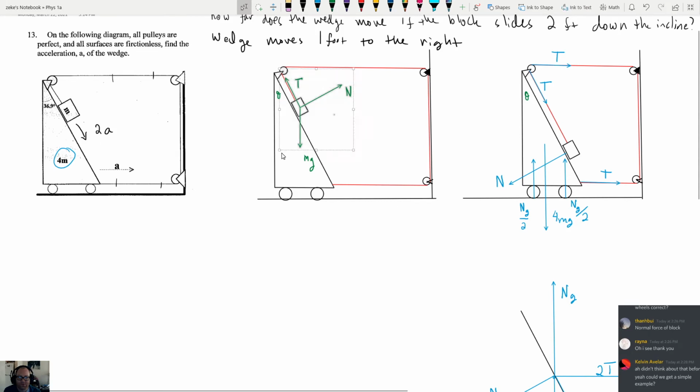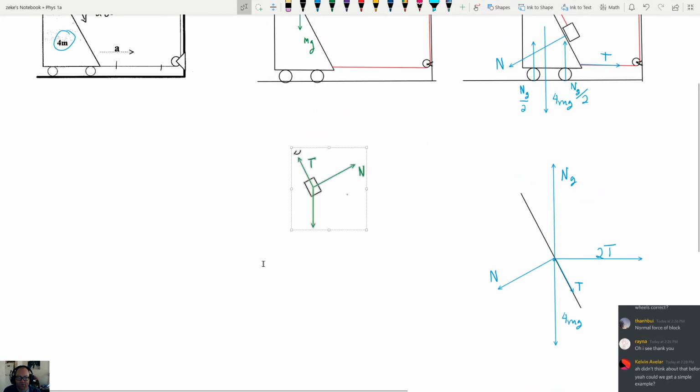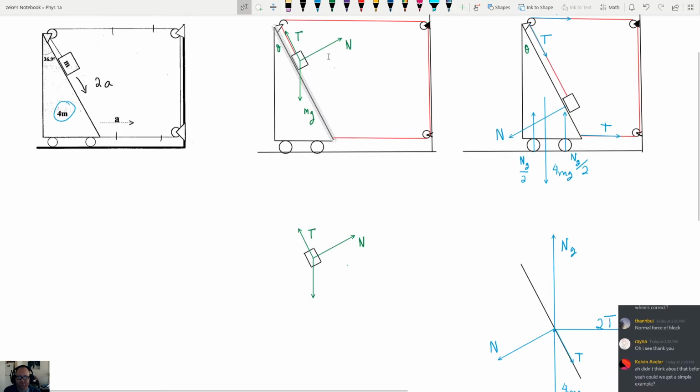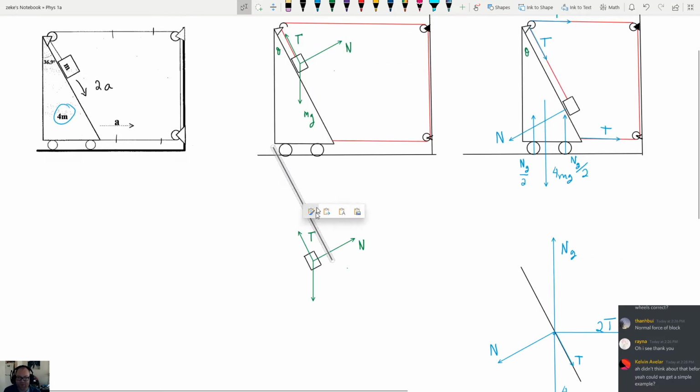And then with these, we can just copy, paste, and drag them down here so we don't have to redraw everything. We also need the inclined plane for this one too. We do not, however, need the block.